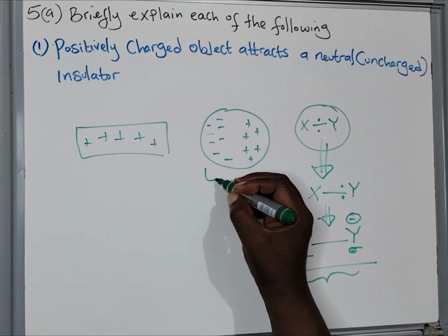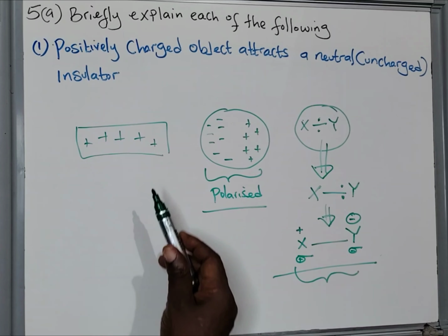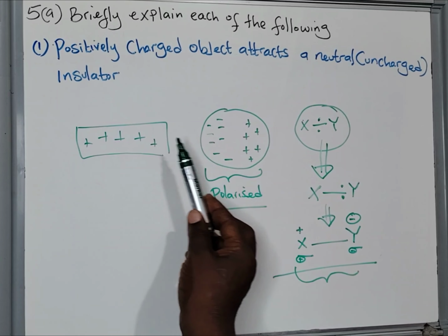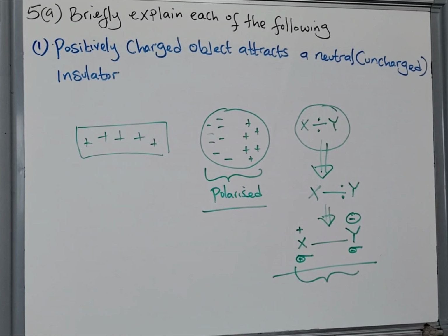So you see that this object is polarized. And what do you notice? If this is positive, negatives are closer. And what happens when negative and positive are closer together? They attract. That's the explanation.